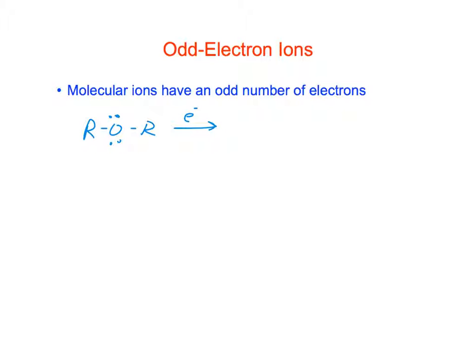We shoot this with electrons, and we most easily lose one of the non-bonding electrons. If we have a pi bond, we can also lose pi electrons.